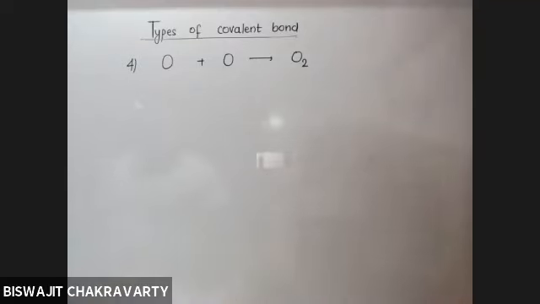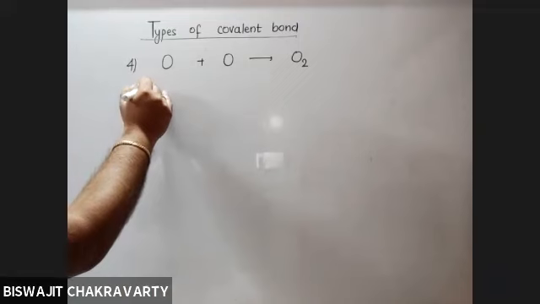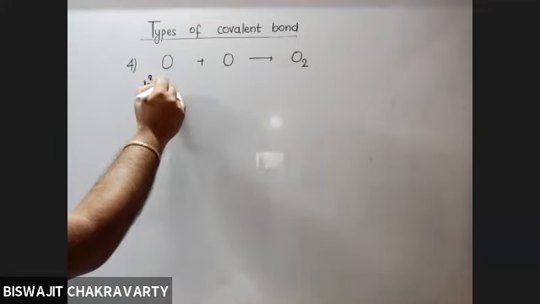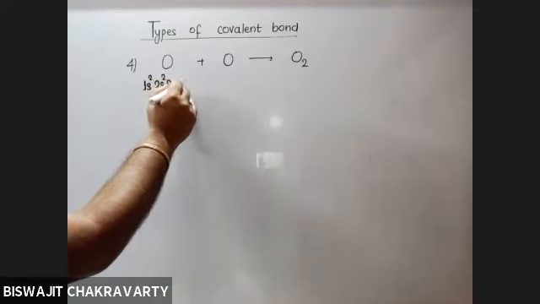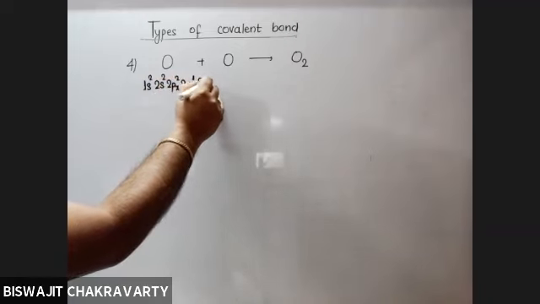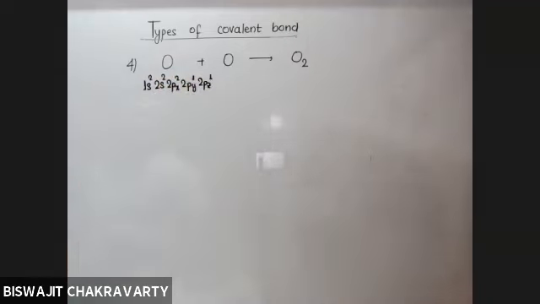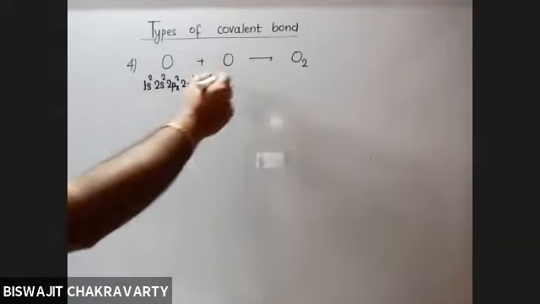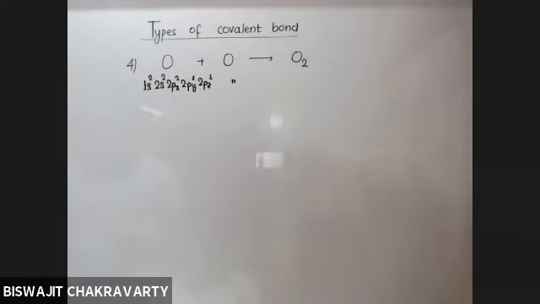As we can see, oxygen has atomic number 8: 1s2, 2s2, 2px2, 2py1, 2pz1. The same is the electronic configuration of the second oxygen as well.